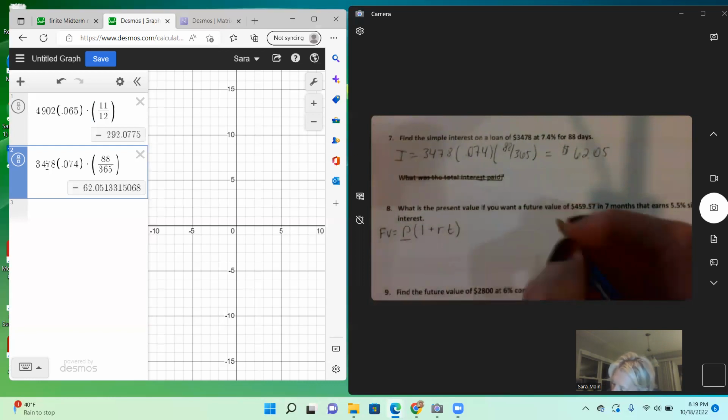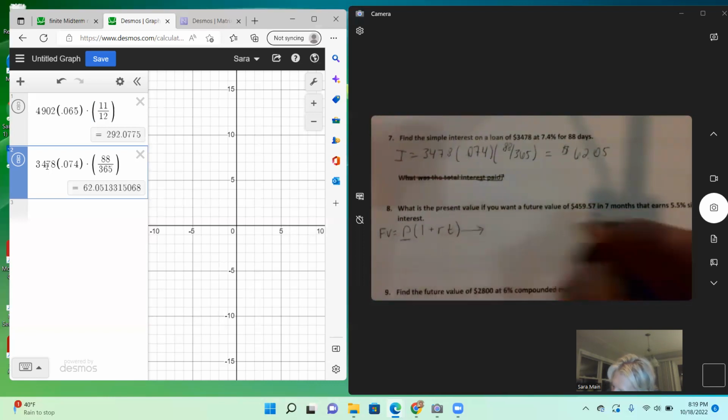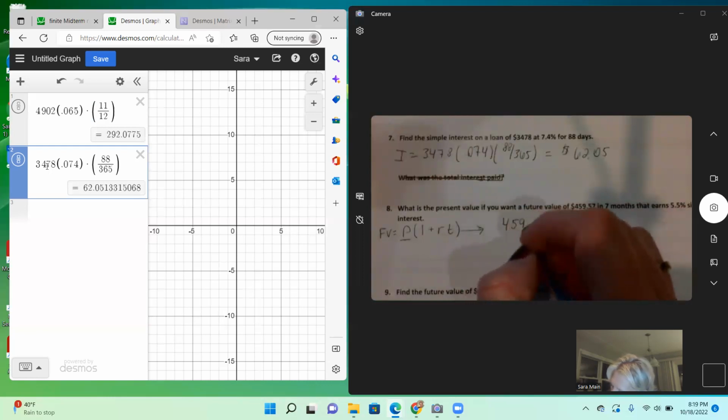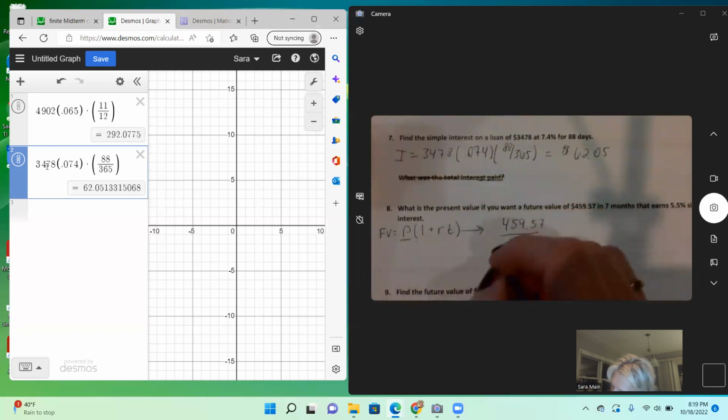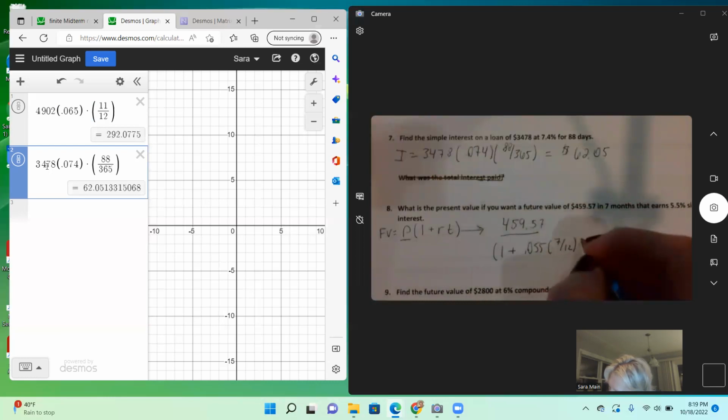So we're going to take the future value of $459.57, and we're going to divide by 1 plus the rate of 0.055 times 7 divided by 12, because it's out of a year.